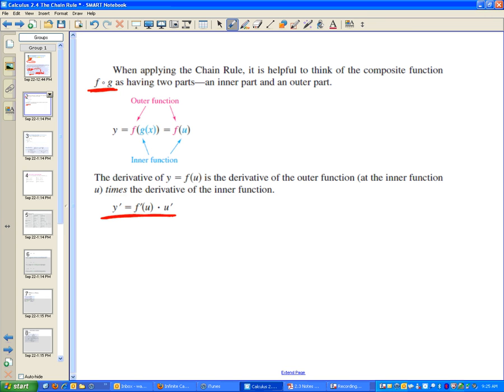There will be times during the year where that notation's better. So y prime equals f prime of u times u prime. F prime of u times the derivative of u. Okay? The derivative of y equals f prime of u times the derivative of u.